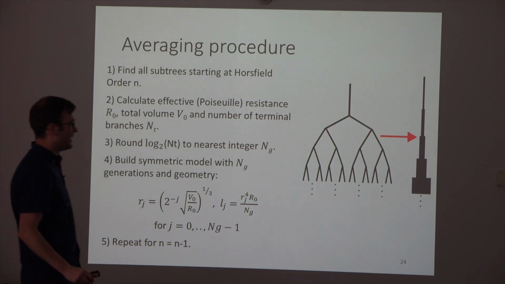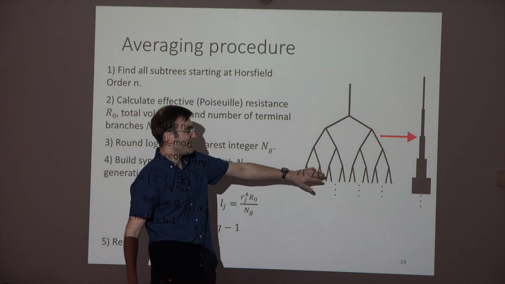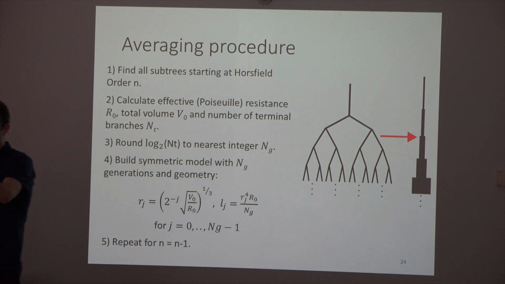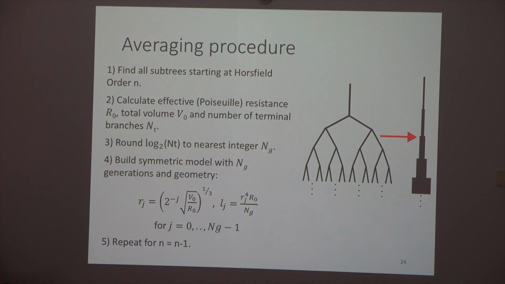If we approximate the structure as a symmetric tree, every single airway in a generation is going to have the same properties, so you can represent them all by one representative edge and take account of where all the volume goes.